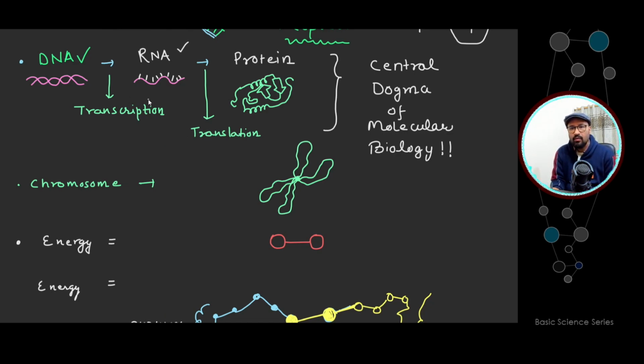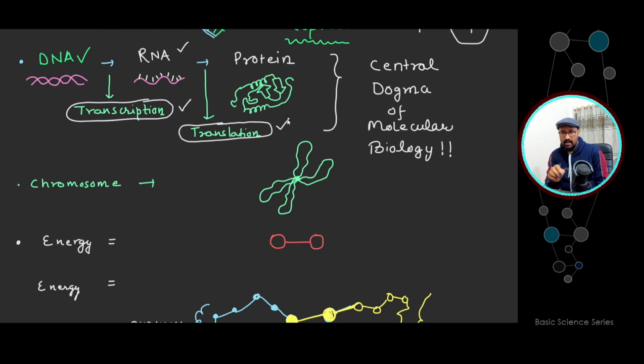Next is, what are these processes? From the DNA, if RNA is being synthesized, how that is being synthesized is part of the molecular process. Here the process is also known as transcription. And then from RNA to protein is being synthesized, that process is translation. There is another process going on in here, which is the formation of DNA from the DNA.